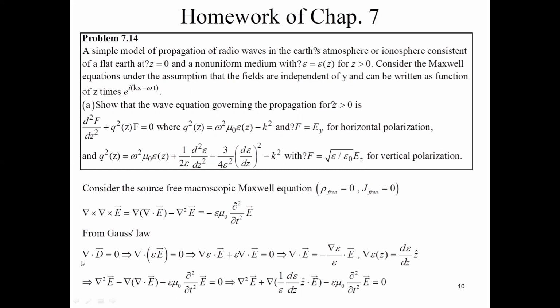So divergence of D equals 0 will give us this equation. So we know that E will equal this term, and also the gradient of epsilon will equal this. So the wave equation can be rewritten as this term, and we can substitute the divergence of E we get from here into our wave equation.